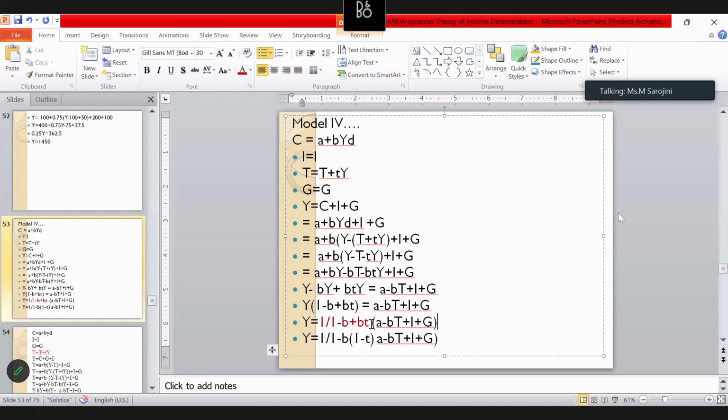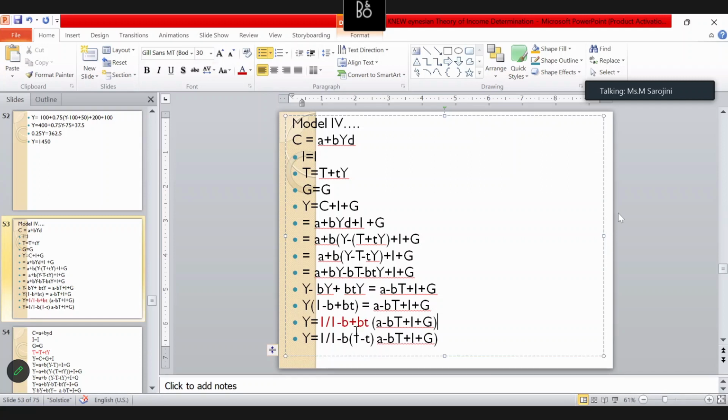This highlighted, the brown in color, indicates the government tax multiplier once we add the tax as a function. Once the tax is a function, the tax multiplier appears like this. Also, we can show this multiplier, that is here 1 minus B plus BT.